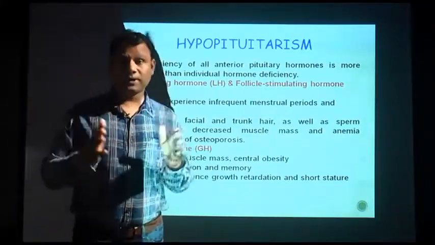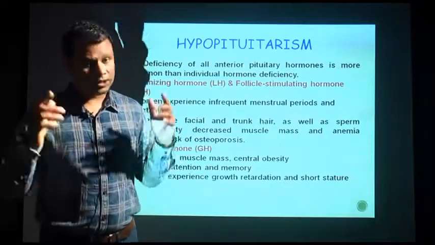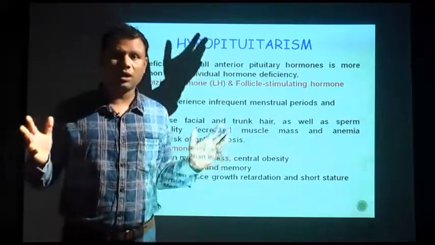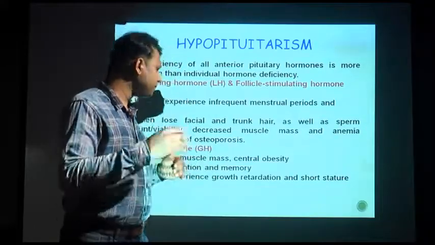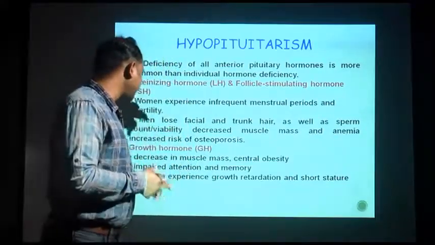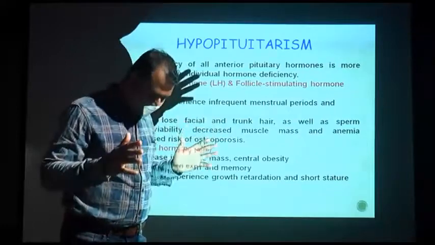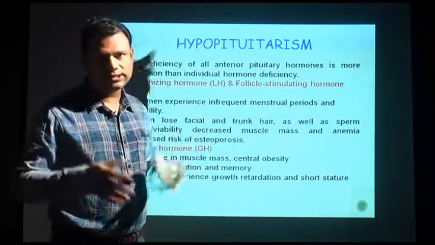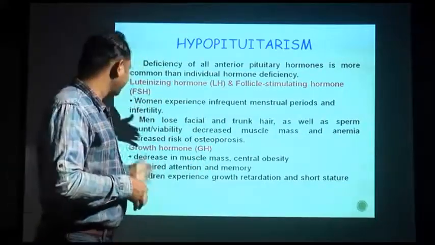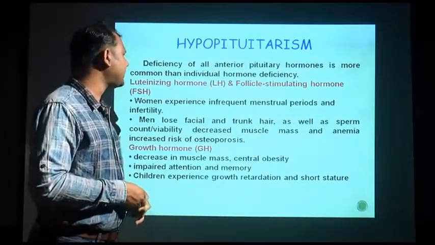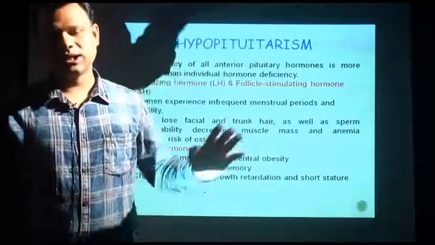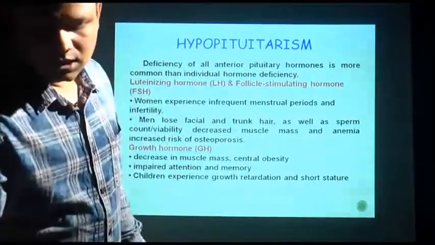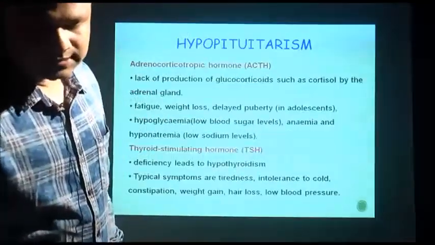For proper development, growth hormone is necessary. Your intellectual capacity, everything, needs growth hormone. If growth hormone goes down, the person can be mentally retarded, or can lose memory. Children experience growth retardation and short stature. The children will not grow. So these are the various other complications.